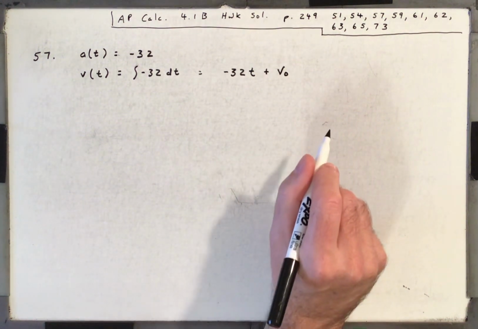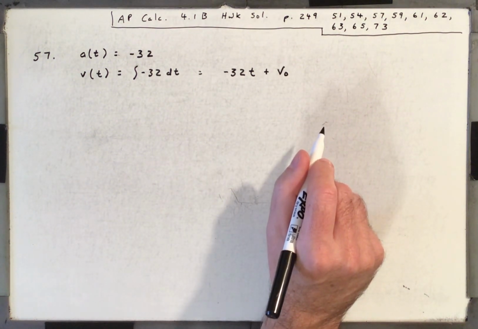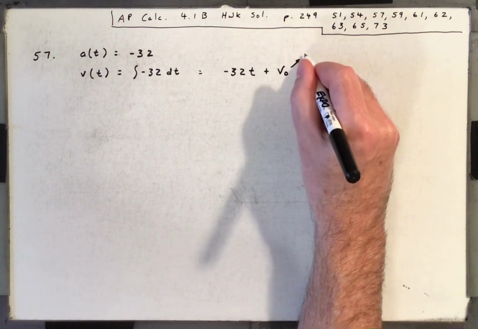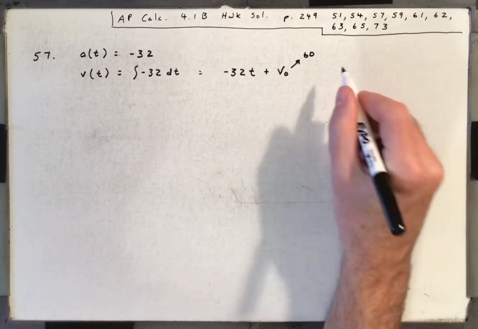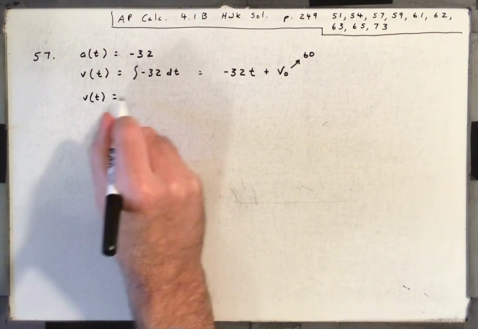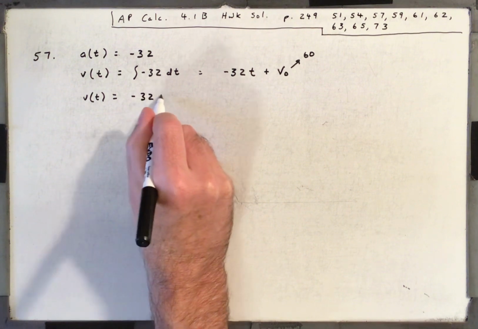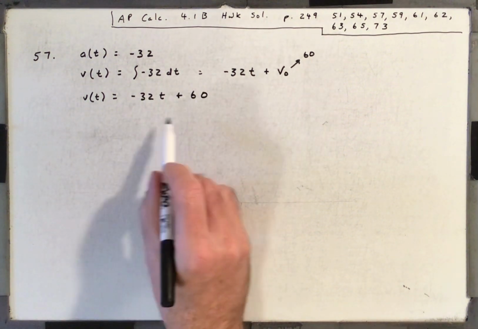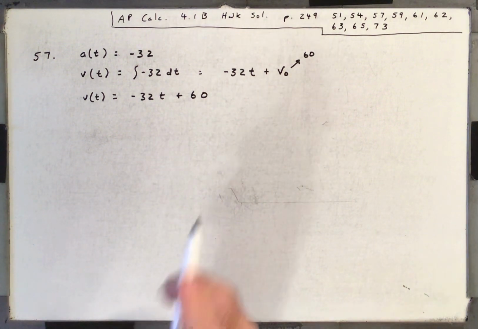Okay? So it says that our initial velocity is 60 feet per second. So v of t then, we have an equation for that. It's minus 32t plus 60. So we're probably going to need to use that in a little bit.